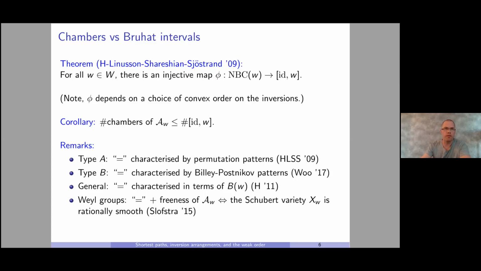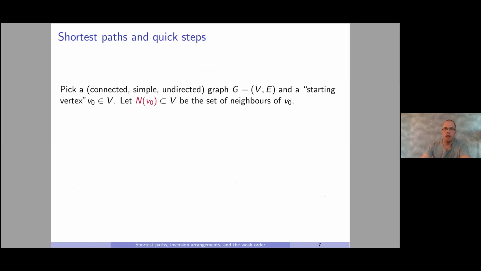So that's the upshot for what is coming here. The point here is that I want to describe what kind of information on the arrangement side only depends on the poset structure and not on the particular labels in the Bruhat order. So this is where this is leading.